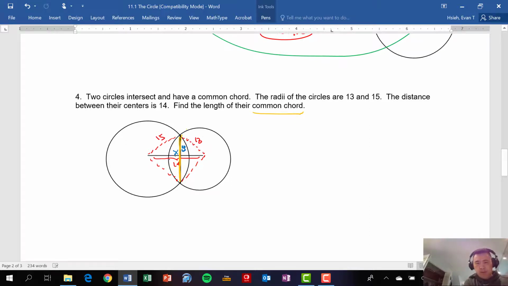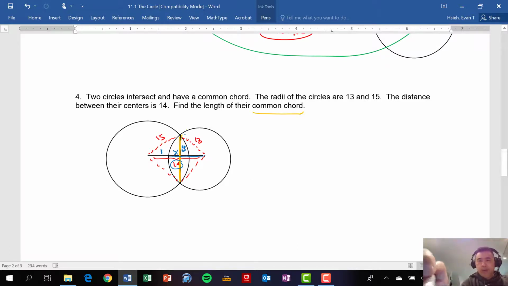If this is x, and I know that this is 13, I know that this must be equal to 1 because, remember, the entire length from center to center is 14.